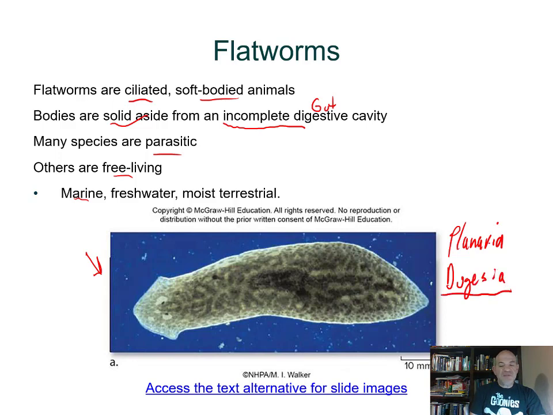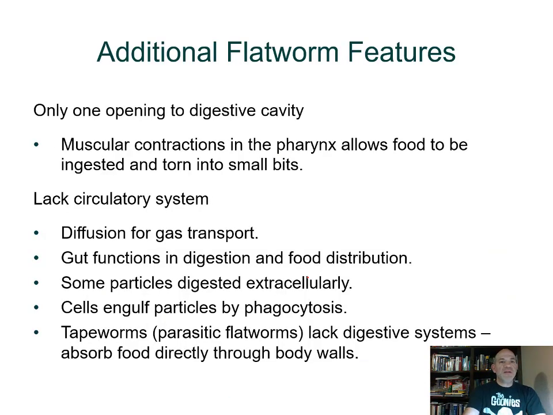And that's going to be seen in the laboratory, specifically that genus of this one here. You can see this is the head end out here. You can see some eye spots. They have very simple eye spots in there. And you can see the branching outline of their digestive gut system. They don't have a circulatory system, but when they take in food, it digests, and that gut is highly branched. That can help distribute food to the tissues of their body.